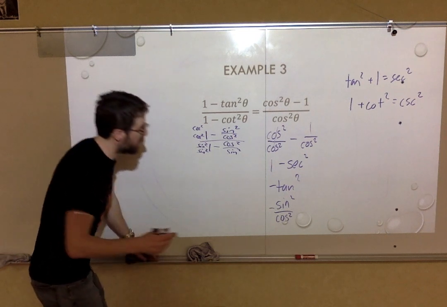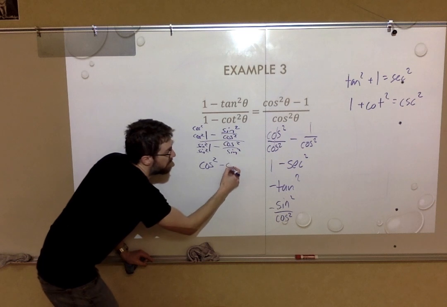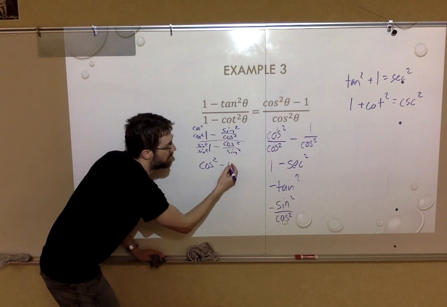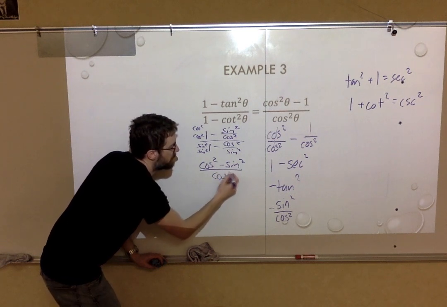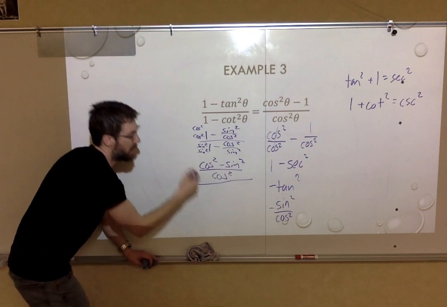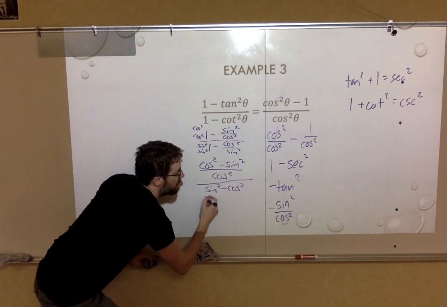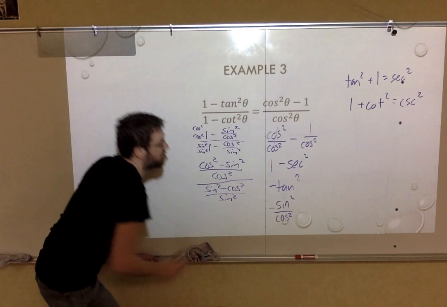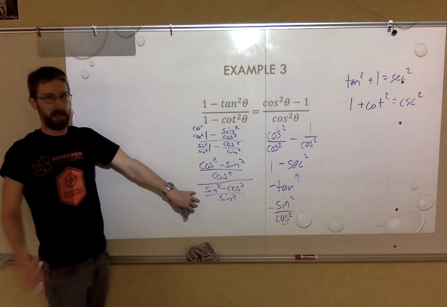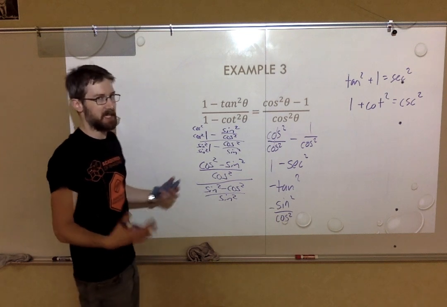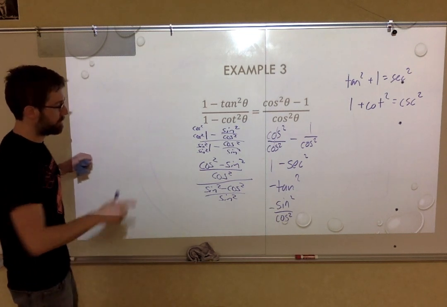And so now I'm going to get cosine squared minus sine squared all over cosine squared for the numerator. And the denominator will be sine squared minus cosine squared all over sine squared. It's still pretty complicated, but at least I've got one fraction over one fraction, so I can use keep, change, flip, and just see if that's going to help break this thing down a little bit.